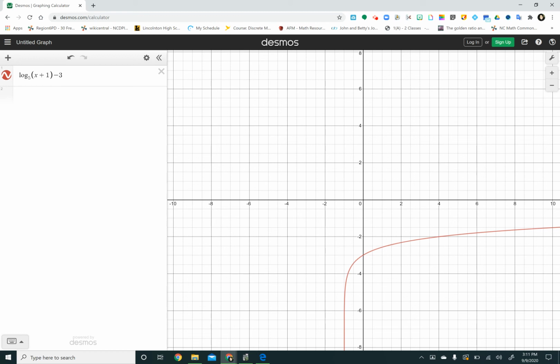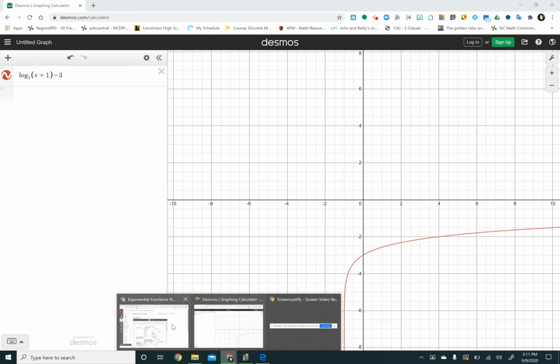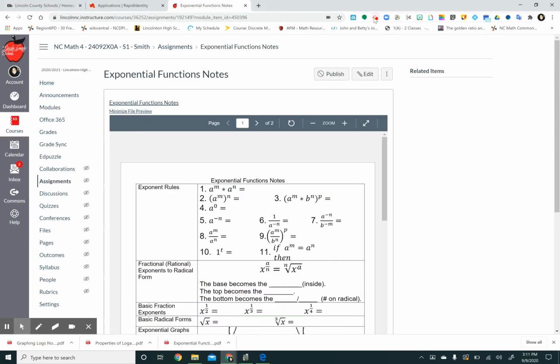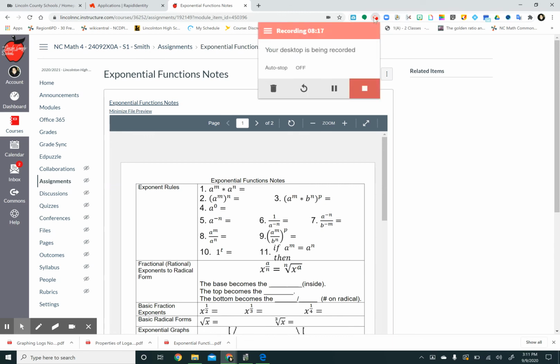So you can graph it in Desmos as well, so you can get an idea of what it looks like. Whether you're graphing in Desmos to look at the shift or you're using your shift rules, either way works. And that's all you need to do in order to graph logarithmic functions. Use your shift rules.